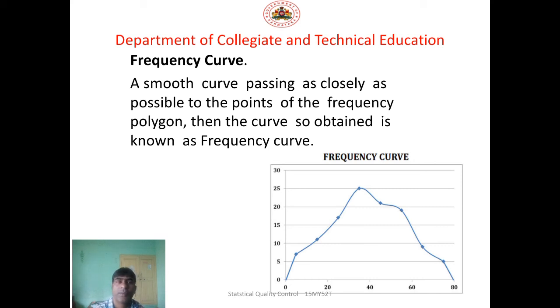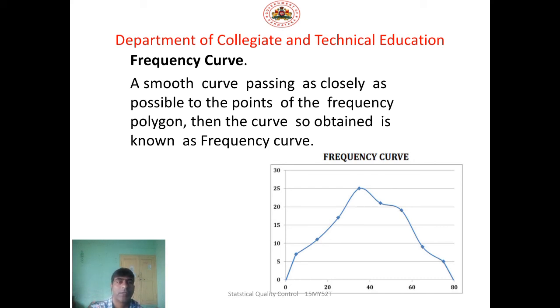In the earlier frequency polygon we were joining the points as straight lines, but here we are joining the points through a smooth curve. That is the difference between the frequency polygon and frequency curve. So the construction remains same as the frequency polygon, only the difference is we are joining the points with the help of a smooth curve. That we call a frequency curve.